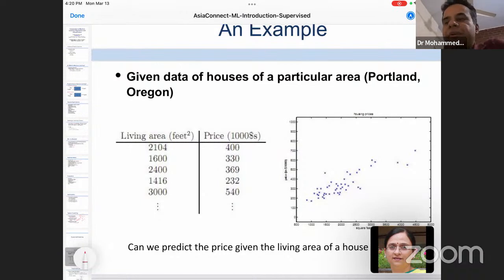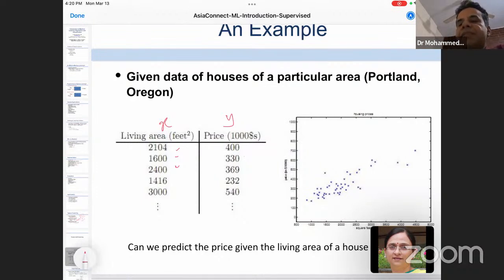If you see here, this is a chart. This you can say X, the living area of a house. And here, this is the price of the house. Like if the living area is 2,104, the price is 400K. If the living area is 1,600, the price is 330K.